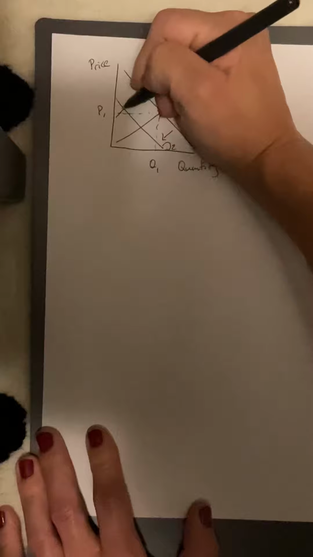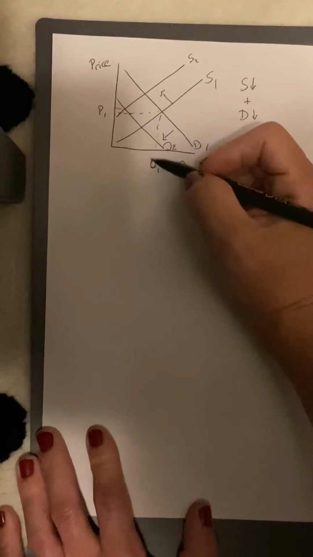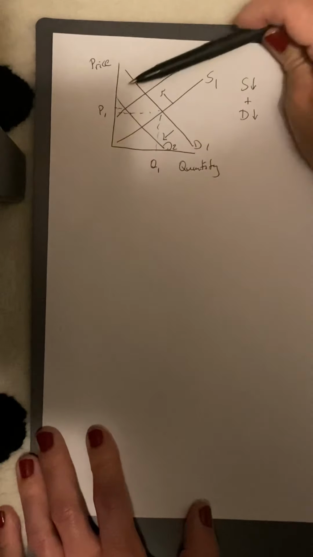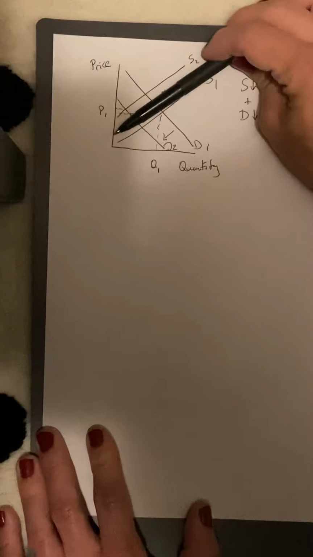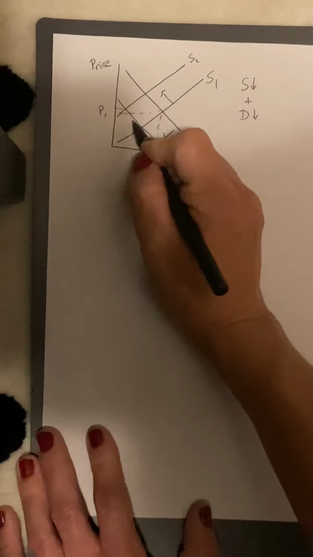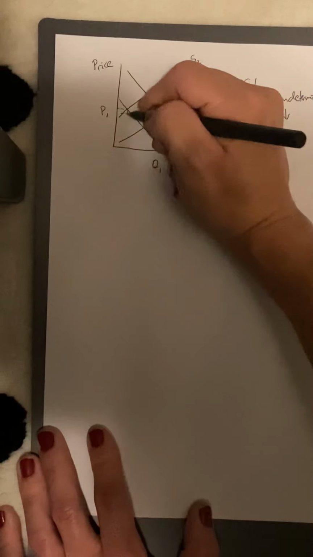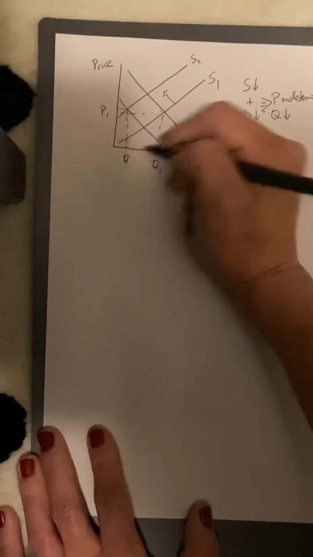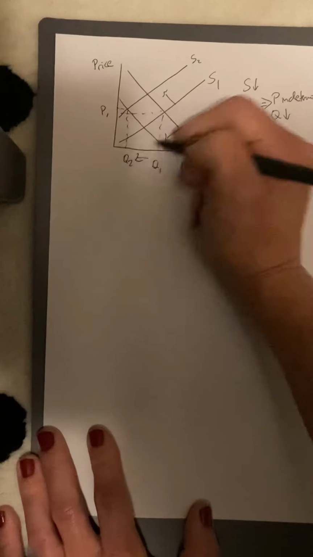So in this scenario, the price would increase. Now let's say supply is only decreased by this much, then our prices would decrease. Okay, and therefore price is indeterminate, but quantity is definitely going to decrease because both of these shifted down.